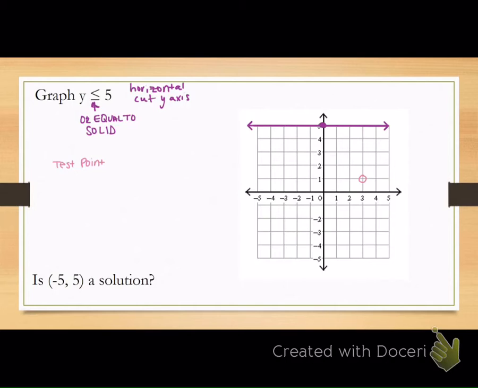So we're testing the point (3, 1). Since we only have a y in this one, we're just going to substitute in the 1. Is 1 less than or equal to 5? Yes. So we always shade where our test point is true. The other side, which is up here, is our false side. And we want to shade where it's true. So we shade the graph.